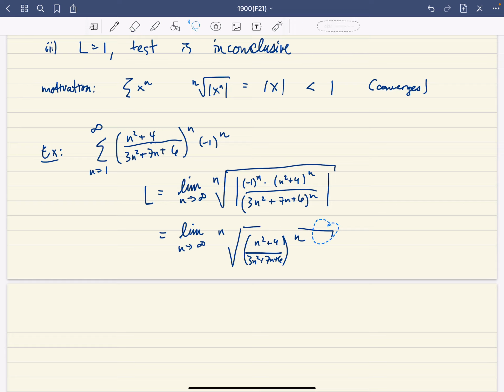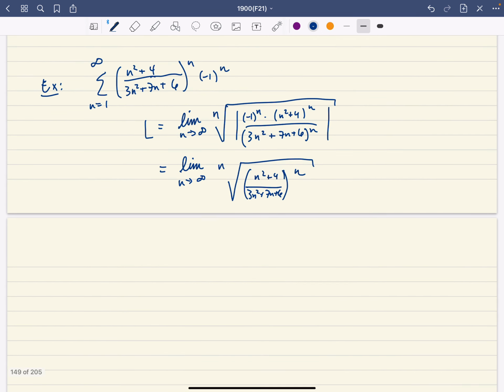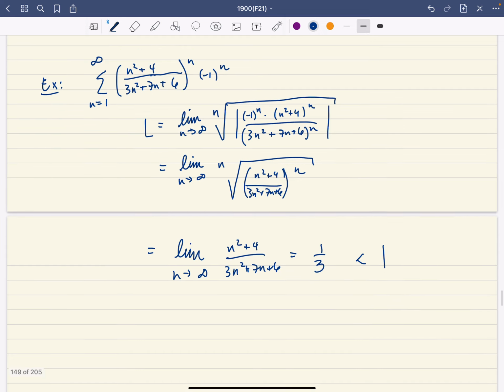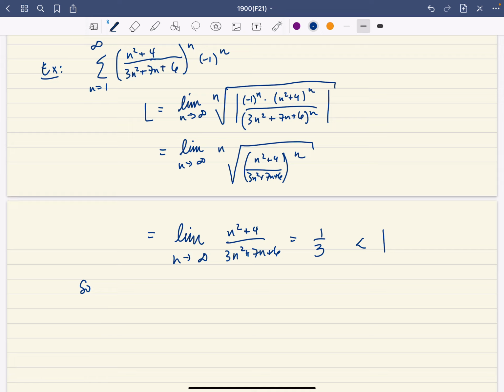And the whole reason why the root test is nicer is that the nth root of nth powers simplifies to just give us (n squared plus 4) over (3n squared plus 7n plus 6). And this limit is going to be 1/3, because again, the only thing that matters is the dominant term when you have rational functions. And that limit's 1/3, which is less than 1. That's all that matters. And so this original series converges absolutely.